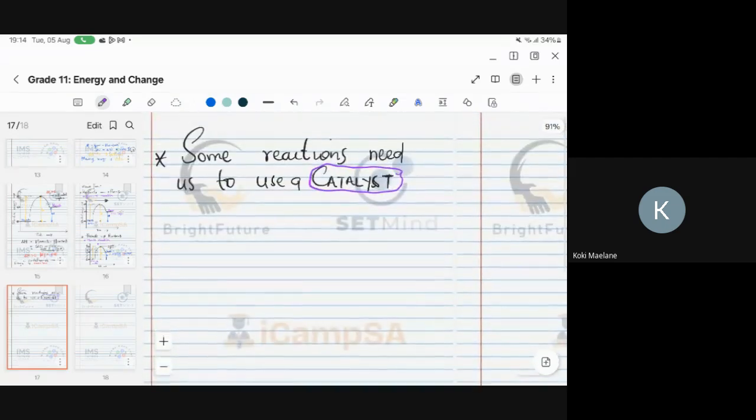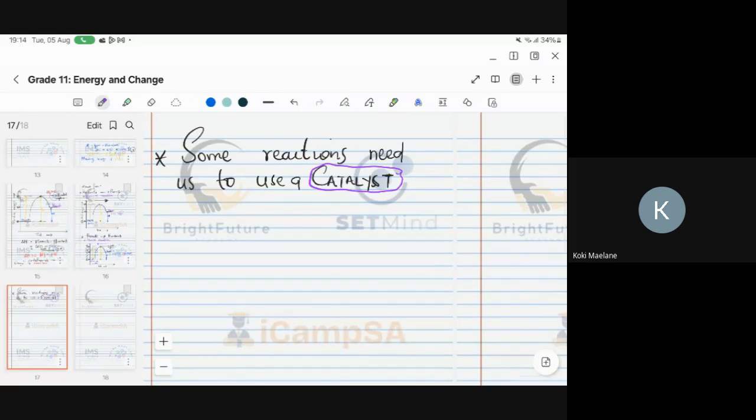Basically, it is just there to speed up the reaction. It does not necessarily react with any of your reactants. It is just there to speed up the reaction. What it does, speeds up the reaction.